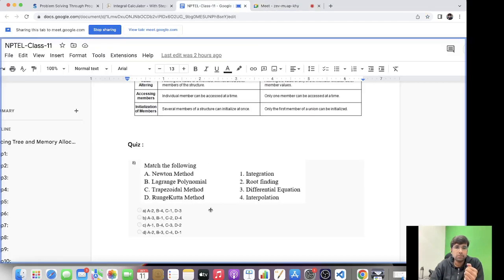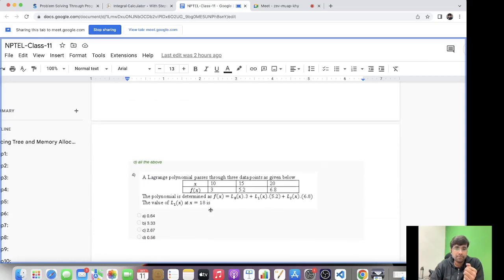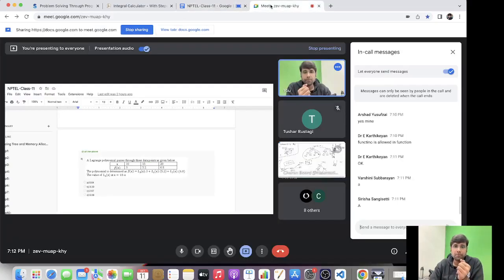Somebody has asked how we need to learn this interpolation in a mathematical way. This is a sample question; you might expect such a question. Here they have given x0, x1 and x2, and they are giving f of x0, f of x1 and f of x2.